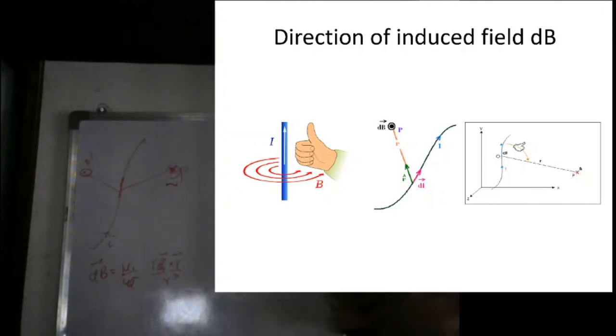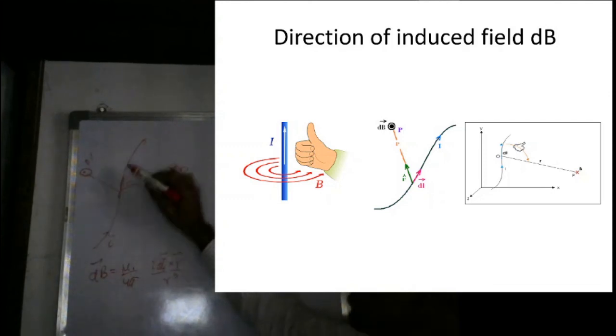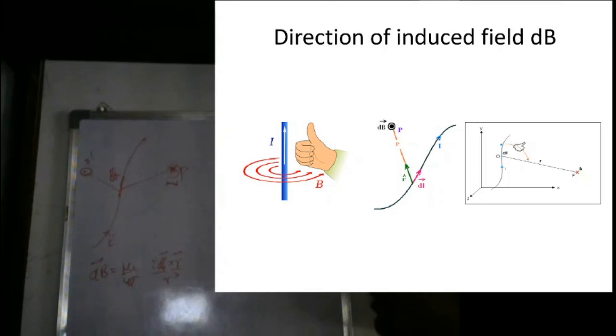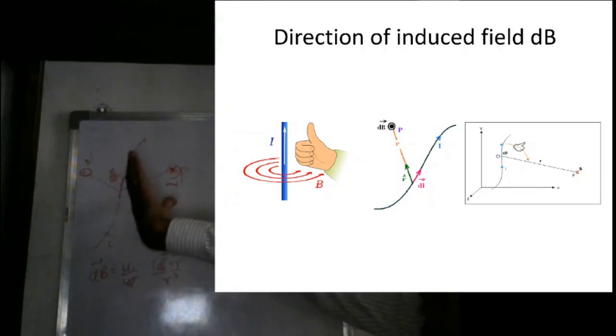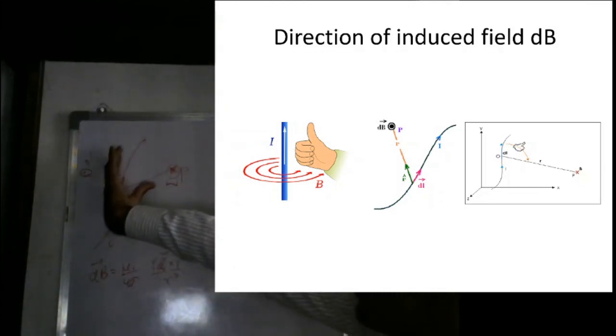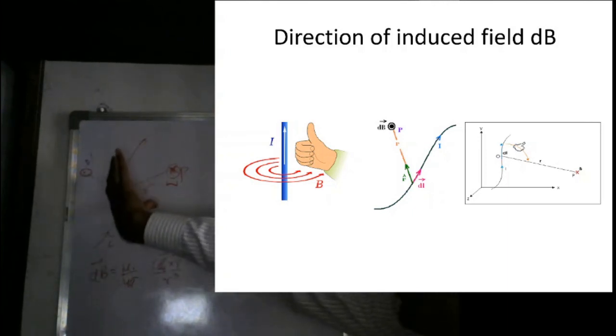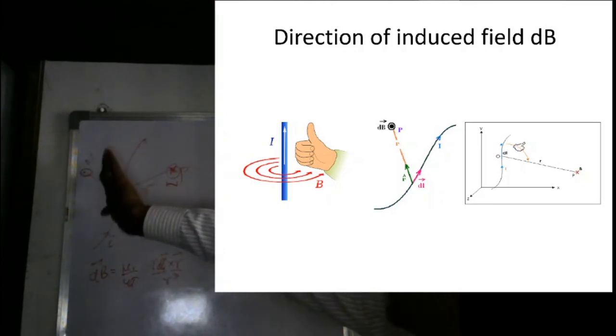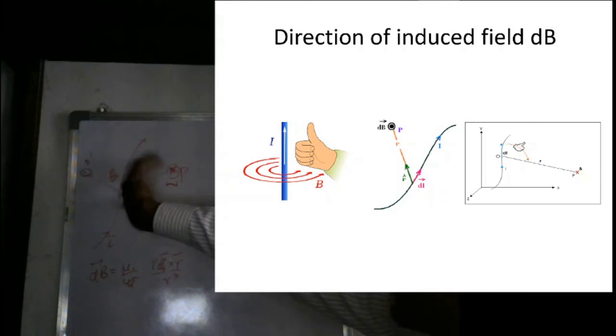Right. Here, this is your dL, and this is your r. Place your fingers on the board plane. On the board you have both the r and dL vectors. Put your fingers on the board like this and try to bring the dL vector onto the r vector.